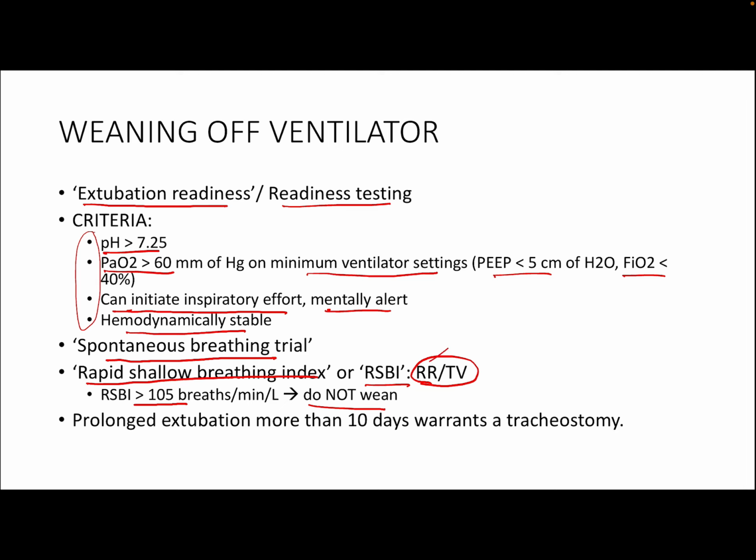The respiratory rate is too high and the tidal volume is low. That corresponds to rapid shallow breathing. This means the patient is not ready for extubation. You should not wean the patient off, and he requires continued ventilator support. Also note that prolonged intubation of more than 10 days warrants a tracheostomy.